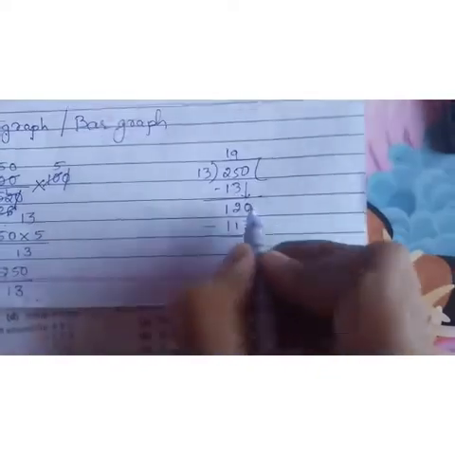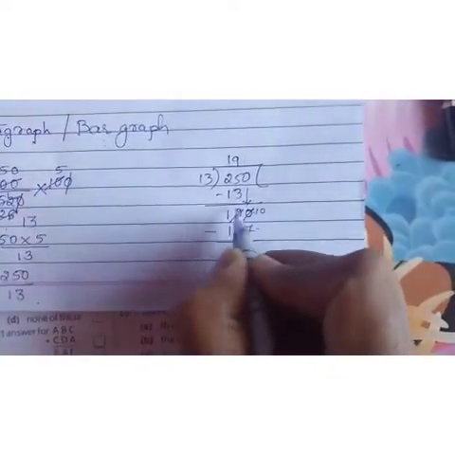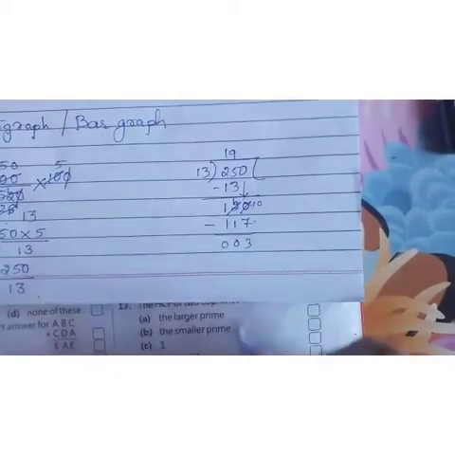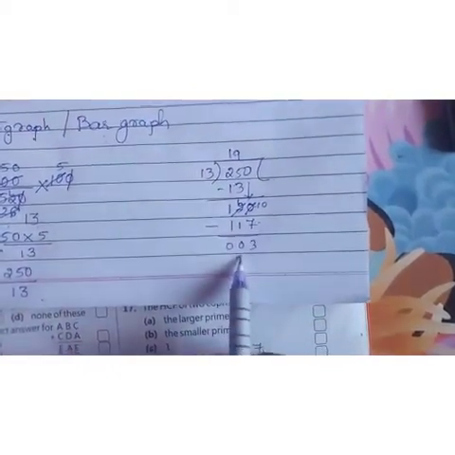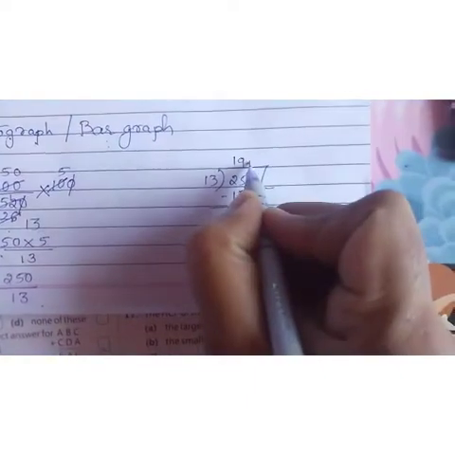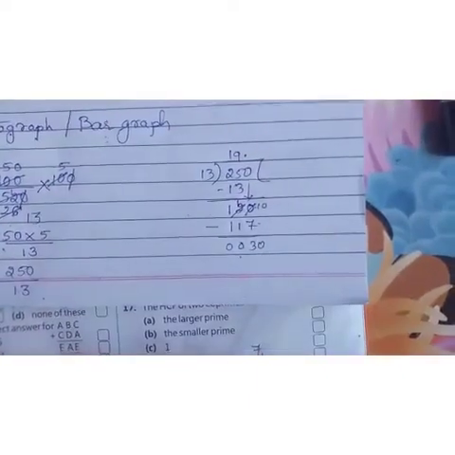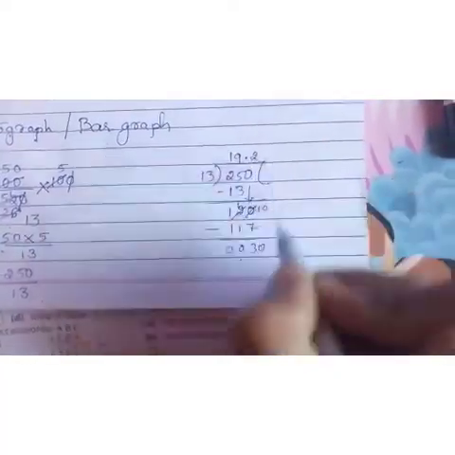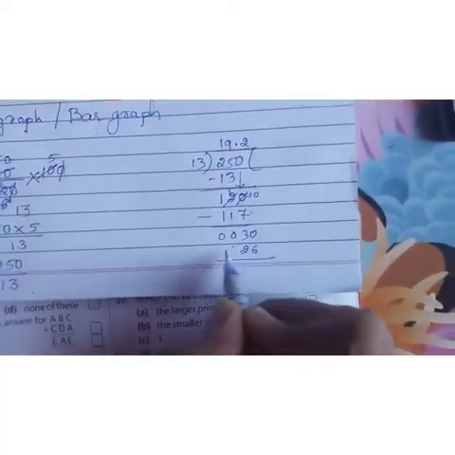So what is the remainder? 10 minus 7 is 3, 0, 0. As 3 is not divisible, what will you do? Take the decimal point, give 0. 13 1s are 13, 13 2s are 26. Give 26.